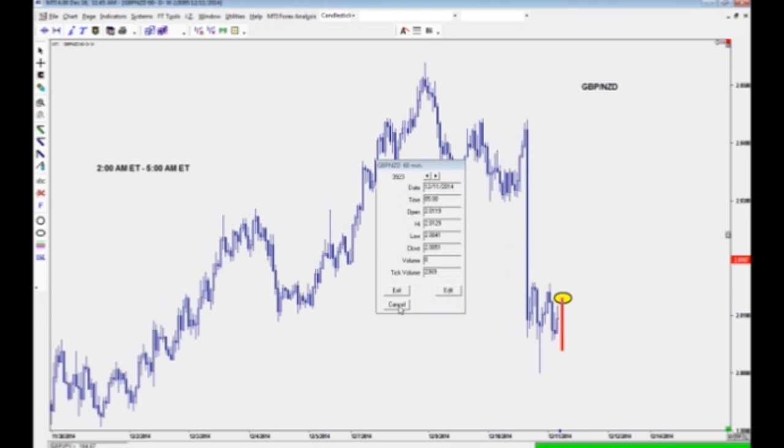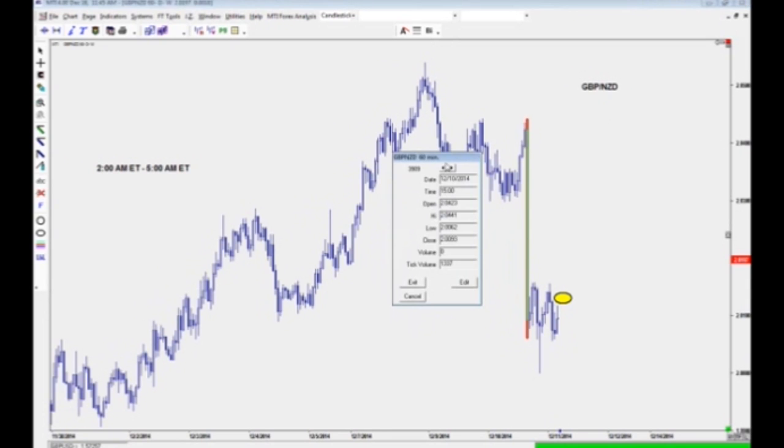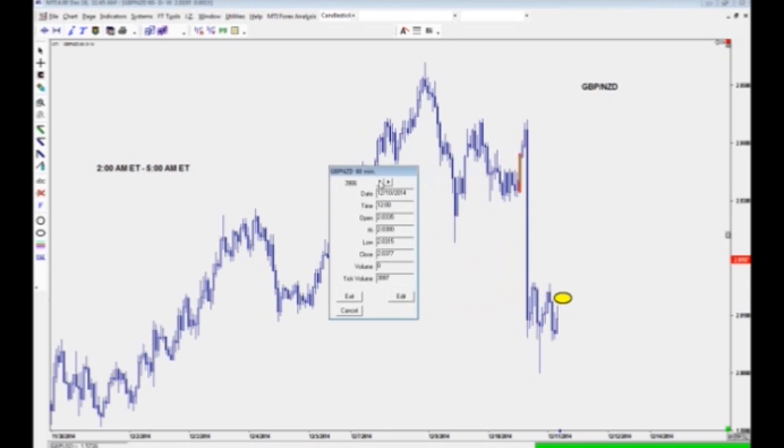Now follow me here. I'm going to back the market up. If I back this up real quick, let's go to 2 a.m. on the previous day. How many of you notice right here, what do you see? We see the market giving us a high, a low, and then all of a sudden the market's creating a directional push downward. How many of you see that?